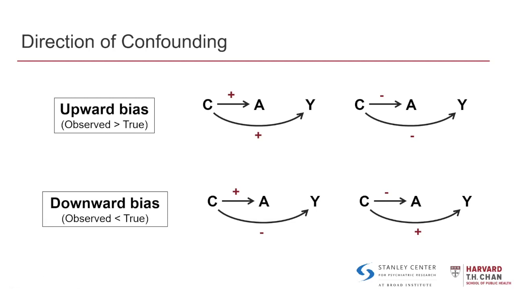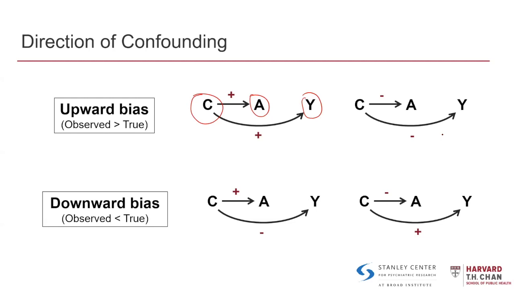So as shown in the prior examples, sometimes the direction of the confounding could be different. So we could have an upward bias, where the relationship between the confounder and the exposure and the confounder and the outcome could be positive, or it could be negative. We say this is an upward bias where our observed association might be greater than the true magnitude of association.